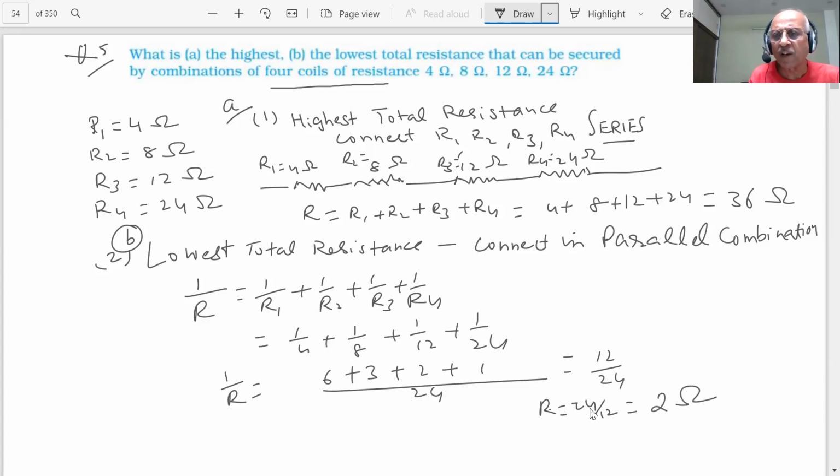You can see this value is even lower than the lowest value of the resistor. The lowest value is 4 ohms and you are getting less than that. This was the important point which we wanted to tell you when we connect the resistors in parallel, students. So we can connect and make different types of combinations, students, and there will be numericals of electricity.